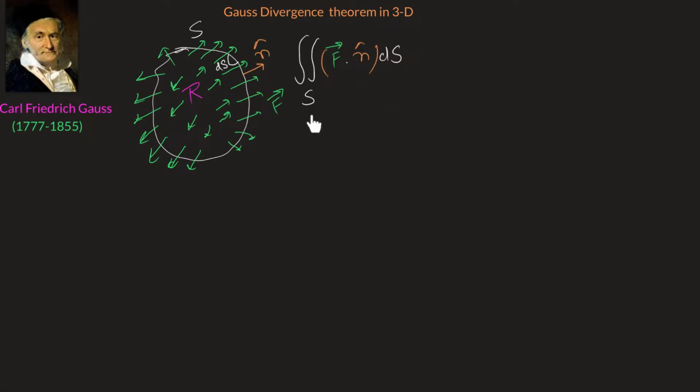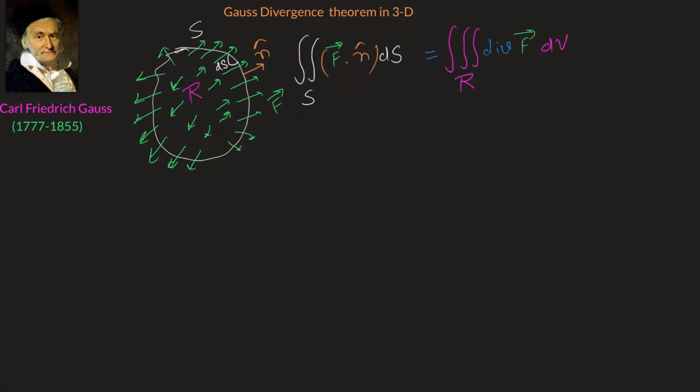So this is the interpretation of this integral, and the Gauss divergence theorem states that this integral is equal to the divergence of the vector field F over the region R, and since it is a volume integral, here it will be a triple integral.